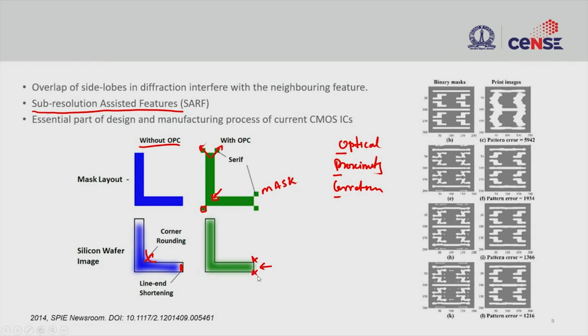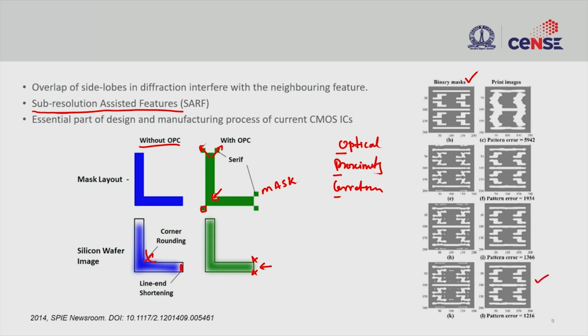So in the image, if you don't want anything in the mask to be reproduced on the image, you want to make it sub resolution. That means it is below the resolution of the imaging optics, okay. And on the right side, it's a very good demonstration of how to convert, right, a simple binary pattern by using all the assist features and then reproduce what you want.